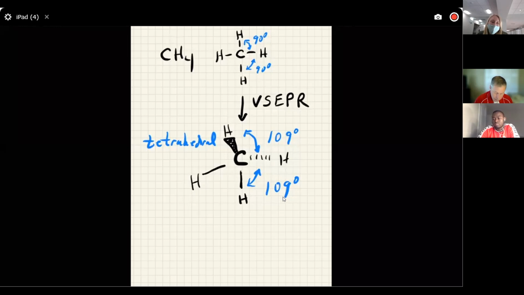Something like molecular hydrogen, H2, has no difference in electronegativity, so there's no polarity. In methane, there is a slight difference between the electronegativity of a carbon atom and that of a hydrogen.